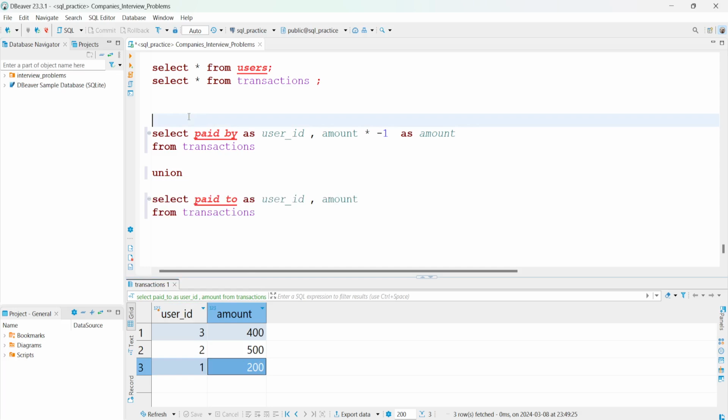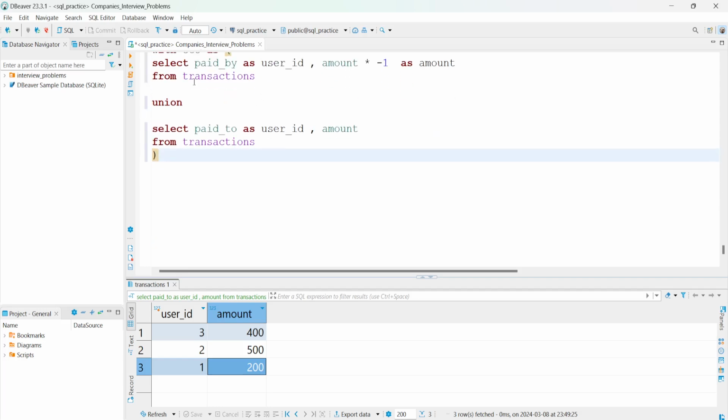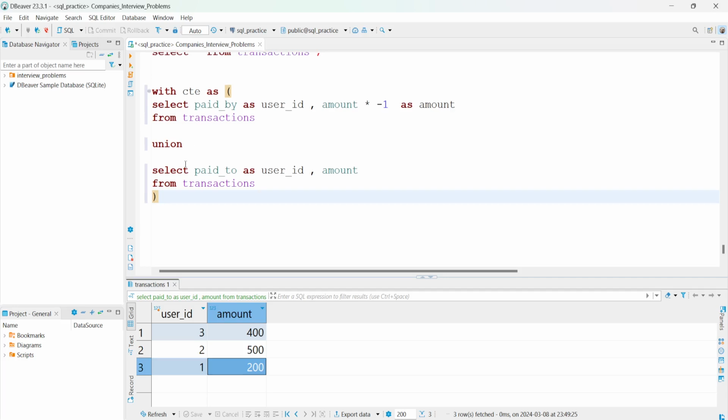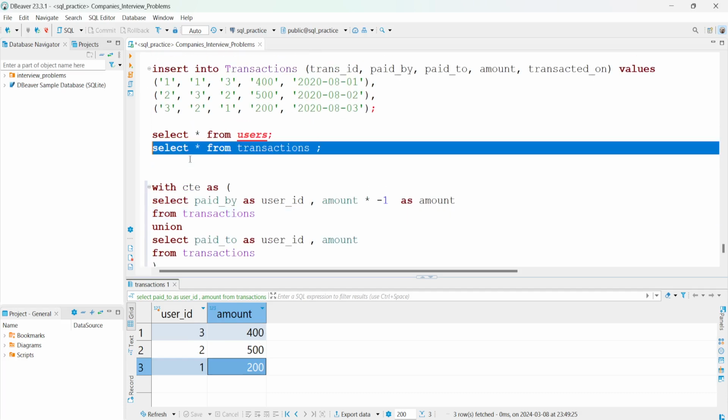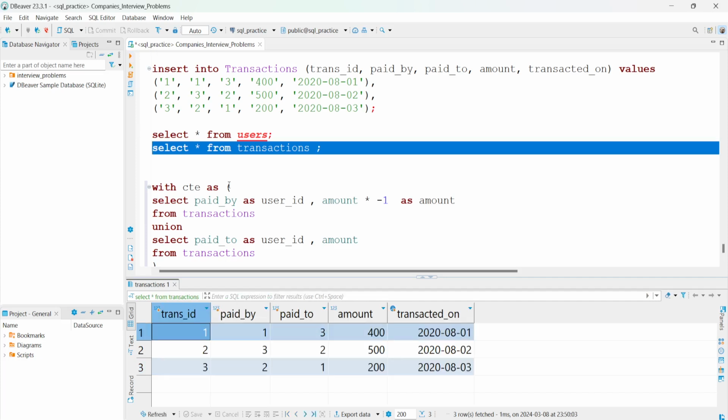Now that we have these two, we can create a CTE, right? How can you understand where you need a union and where not? Wherever you see a particular column performing two different things on a single column, that is the hint that you can use a union. Basically on this amount column, the same user can be paid by or paid to, right?